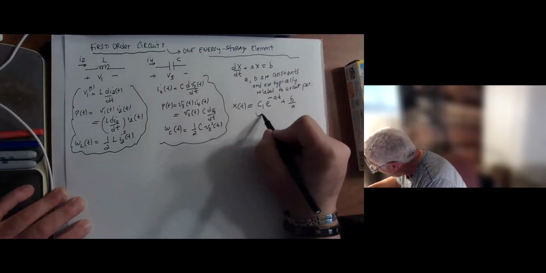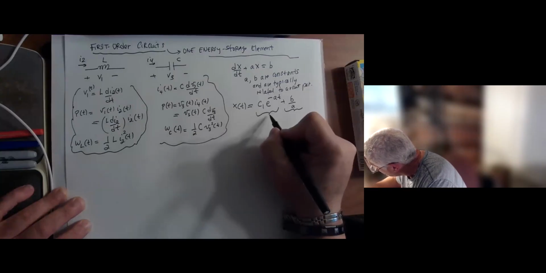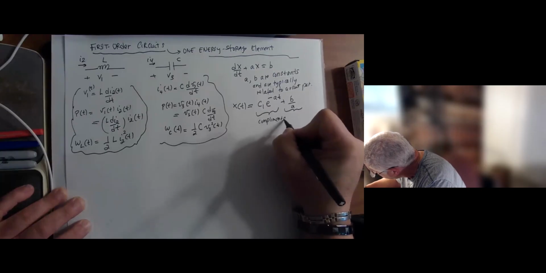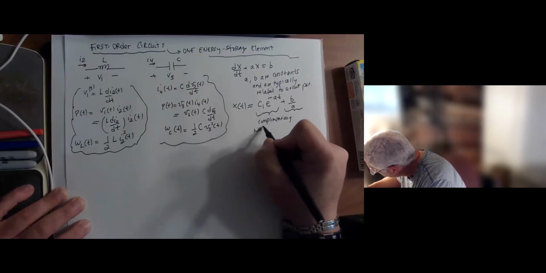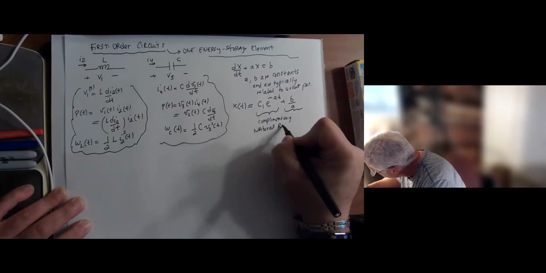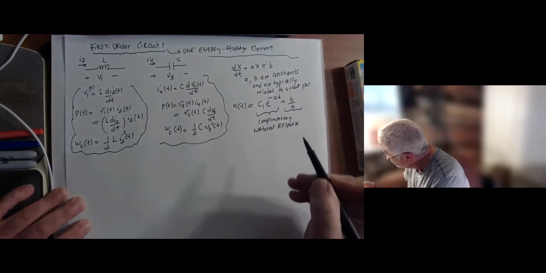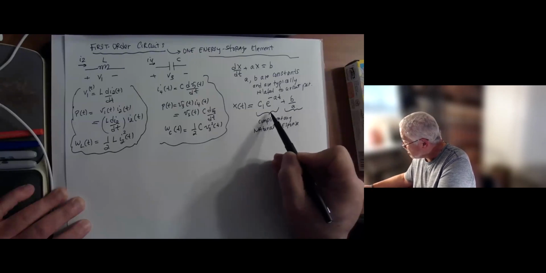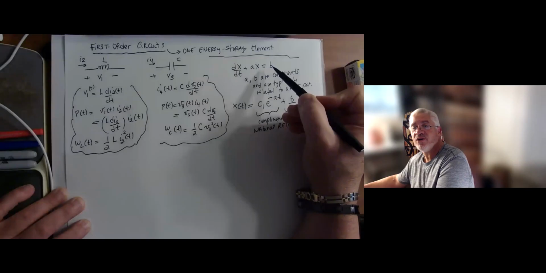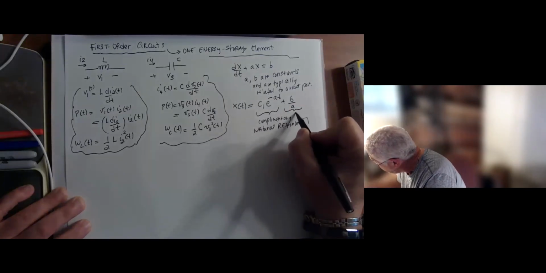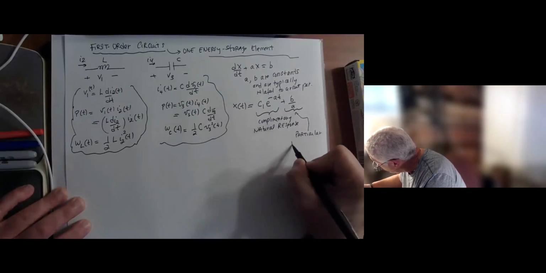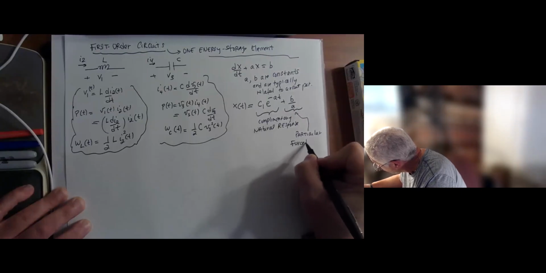So this first part is what your math course calls the complementary response, and we're going to call it the natural response. In essence, this response is the response for the homogeneous equation when B is equal to 0. And then this other part, your math course calls the particular response, and we are going to call it in electrical engineering the forced response.